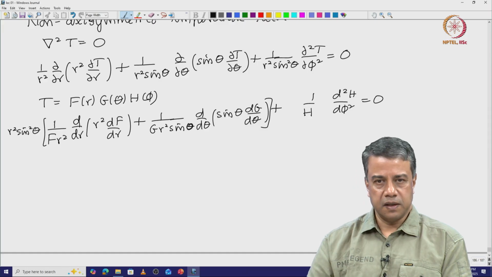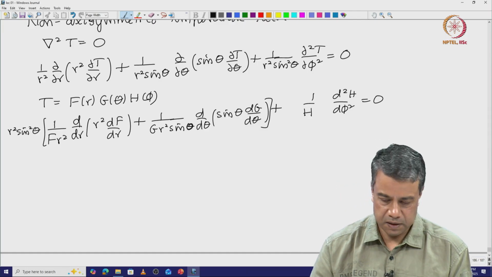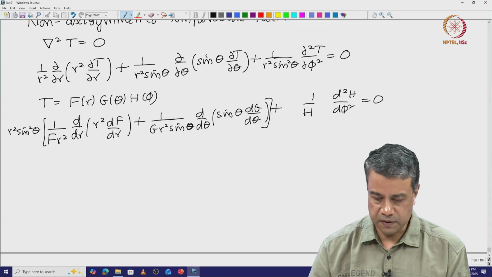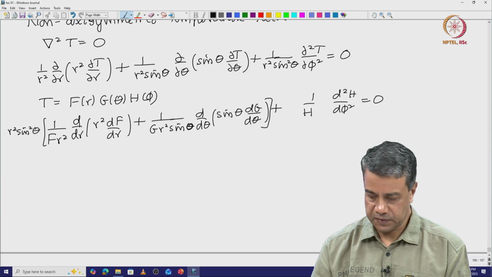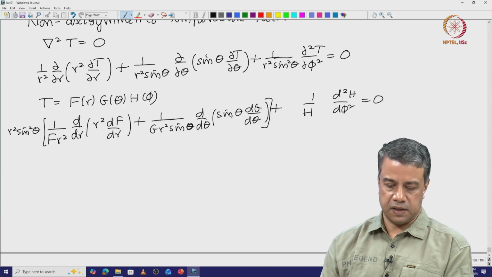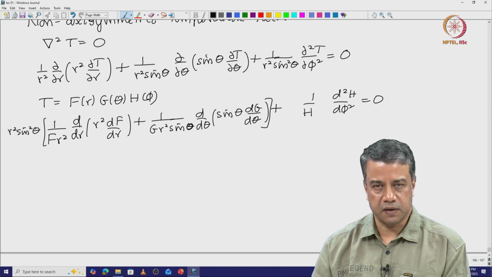The first term on the left is only a function of r and theta. Second term on the left is only a function of phi, therefore, both of these have to be constants.